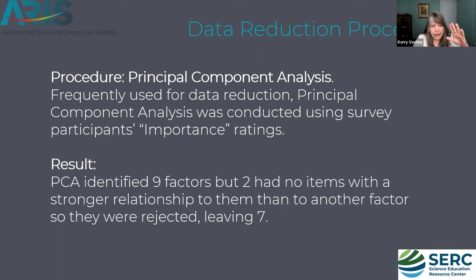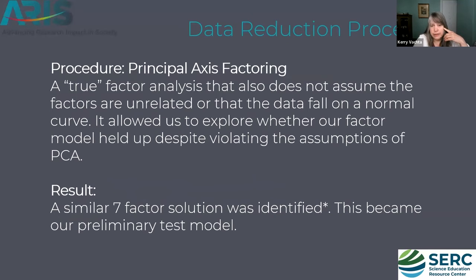So we ended up identifying 7 factors that were pretty effective, but the PCA approach assumes that there is no correlation between those factors and that the data fall on a normal curve. And that's actually not true of our data. So from there, we went on to validate what we'd found by using principal axis factoring, which actually is a true factor analysis. Principal axis factoring doesn't require those 2 assumptions.